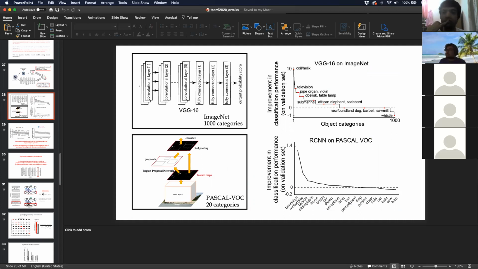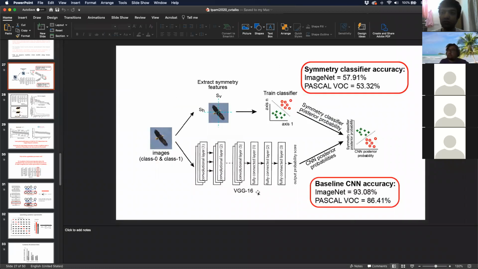One more question, where we are using two different features. Can you go to the slide with CNN posterior probabilities and symmetry? So the features are what? Sparse matrices? You mean for VGG16 or symmetry?